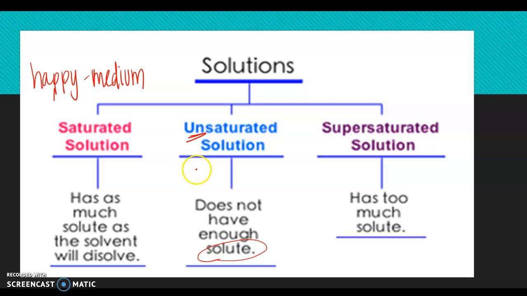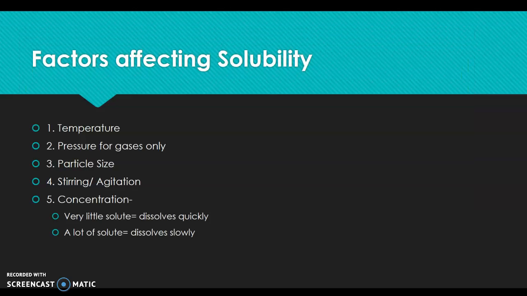It's going to seem weak, so to speak. Supersaturated is above what we have. We have too much solute, and it's going to seem way too strong. In terms of the language you might see, this would be very concentrated, and this would be diluted. Knowing those will help as well.